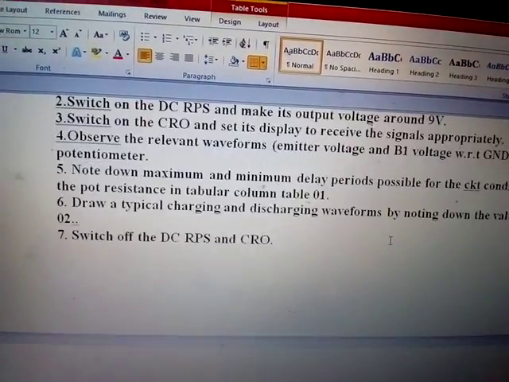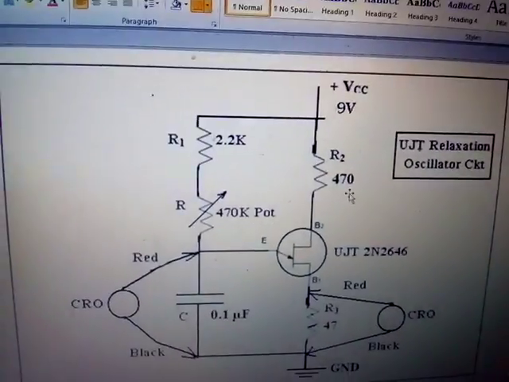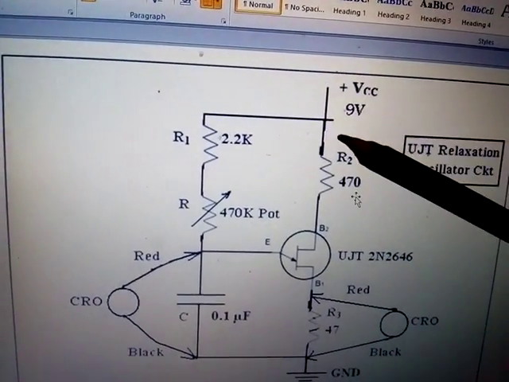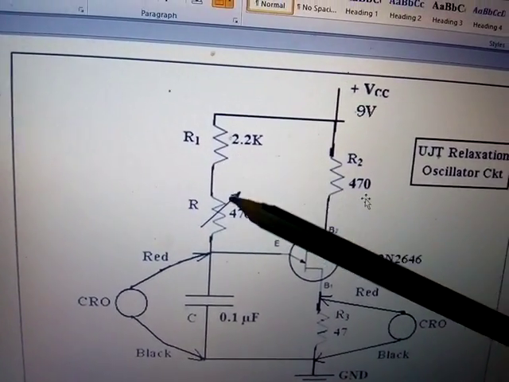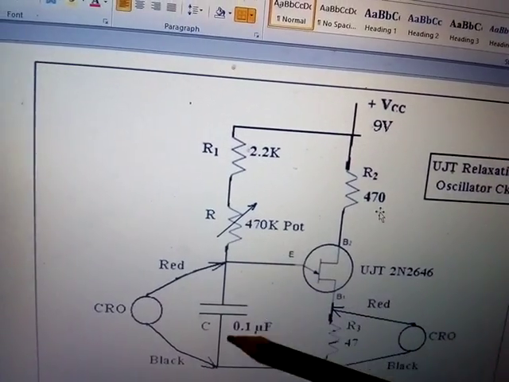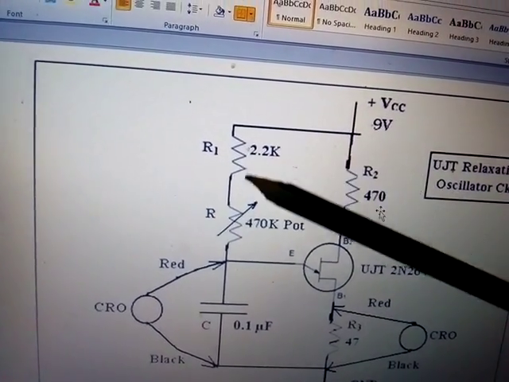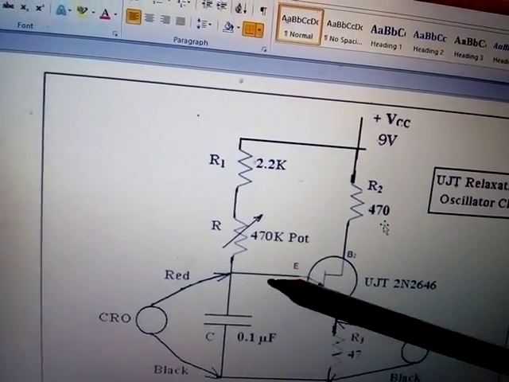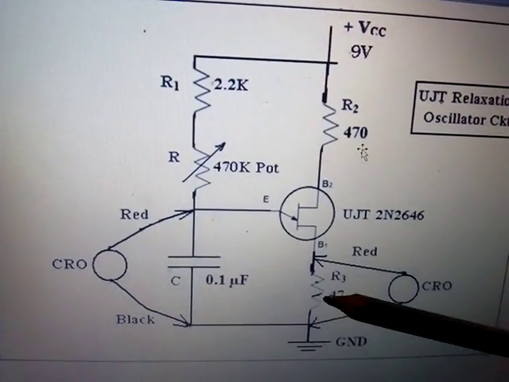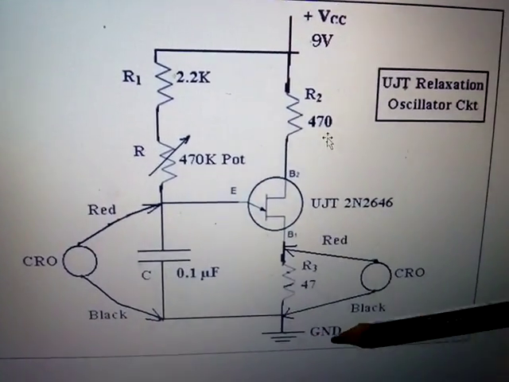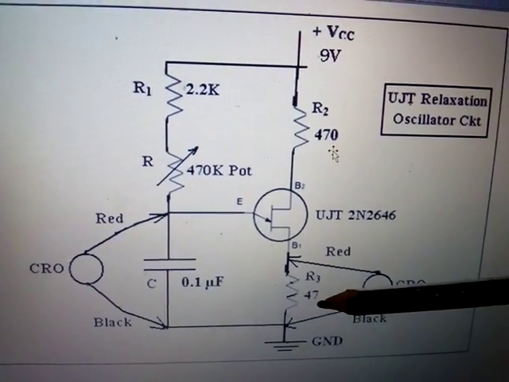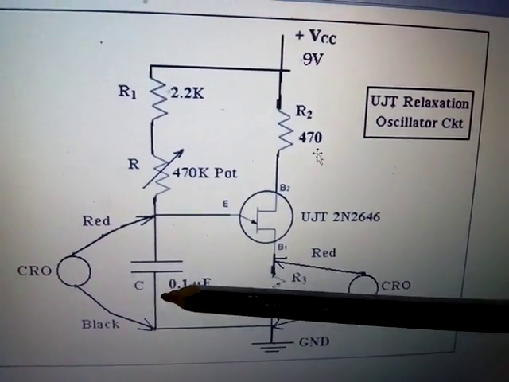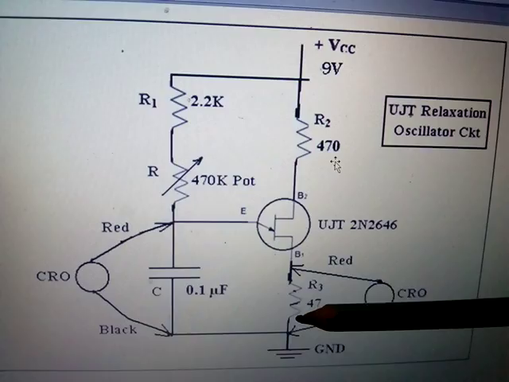Because charging is through this path. The capacitor charges through 2.2K and this part. So charging resistance is higher. Discharging is fast because discharging is through 47 ohm, or you can use even up to 100 ohms. So the discharging resistance is less.